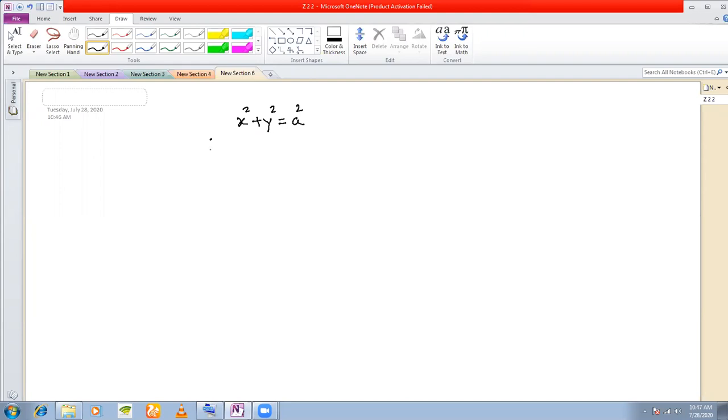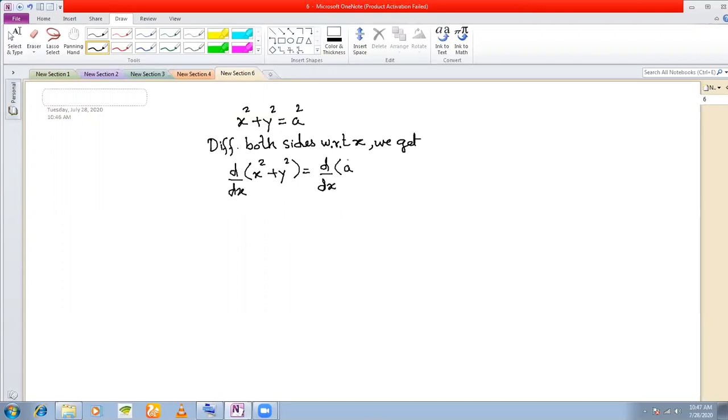So what I do is I write this as differentiating both sides with respect to x. Remember, whenever you are differentiating an implicit function, you will write this. We get d dx of x square plus y square is equal to d dx of a square, right?